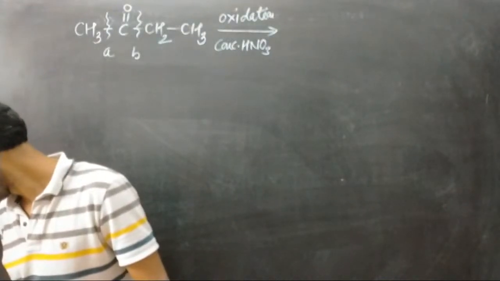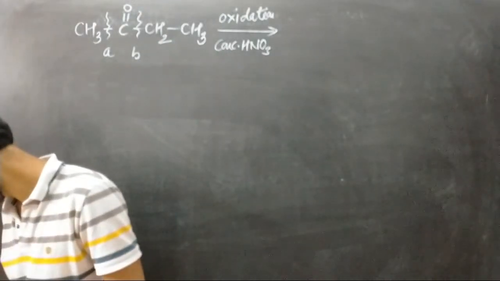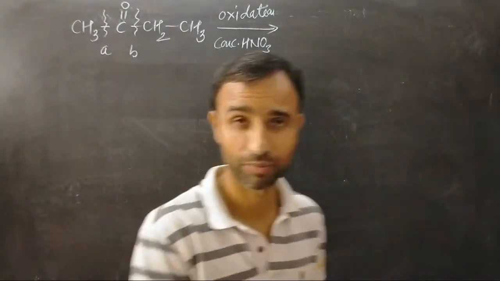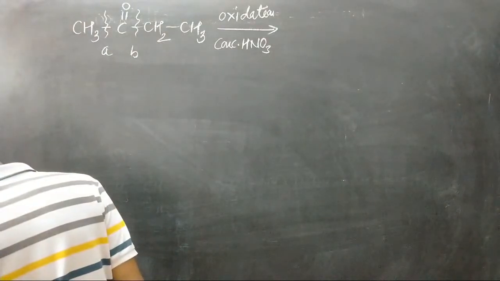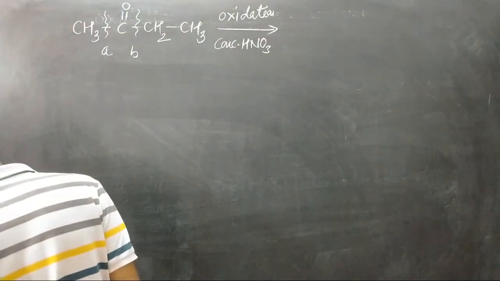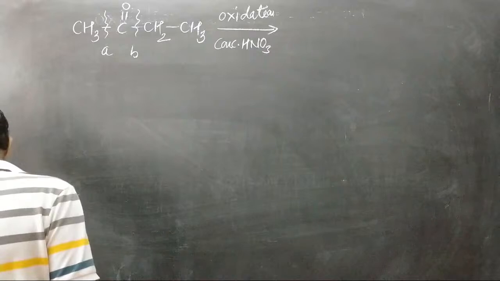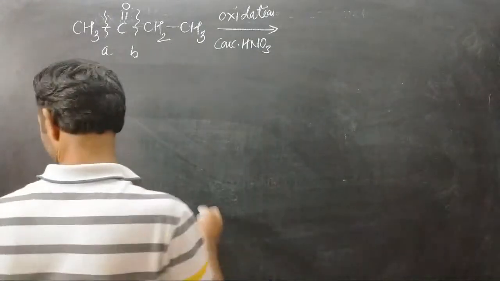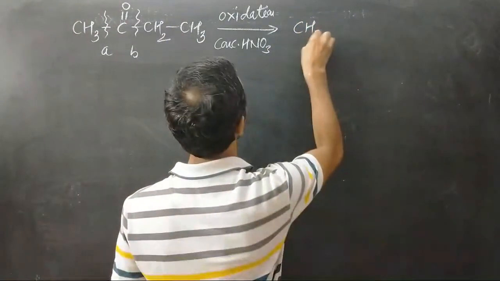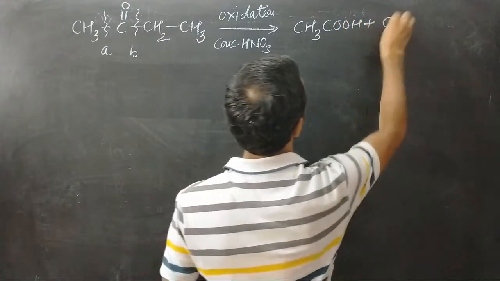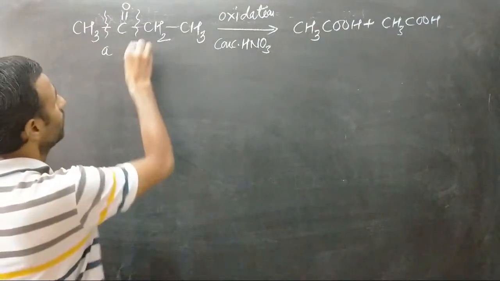Very good. Which rule is followed? What is the name of that rule? Markovnikov rule. Actually, we get CH3COOH and CH3COOH, both sides, because it breaks from B side.